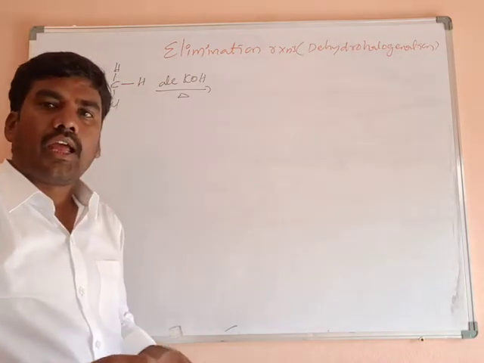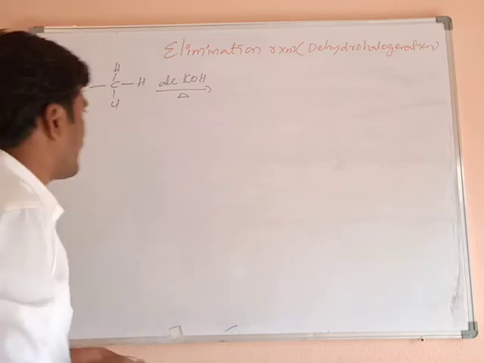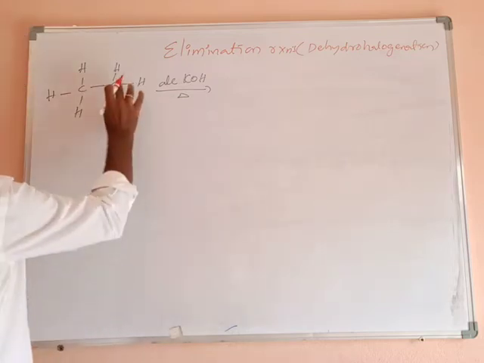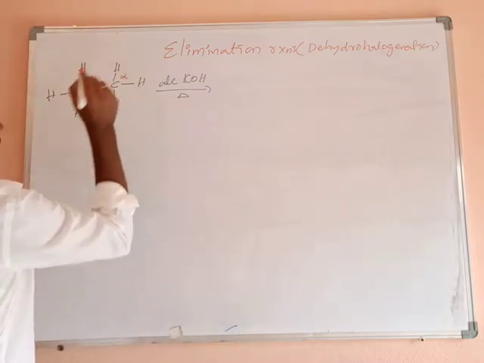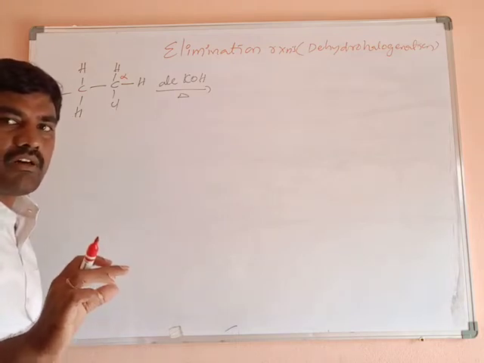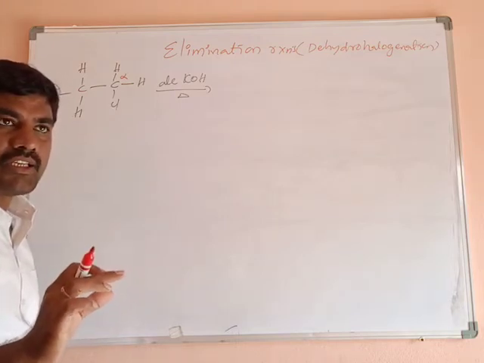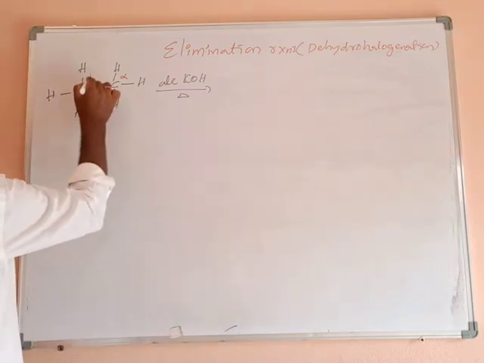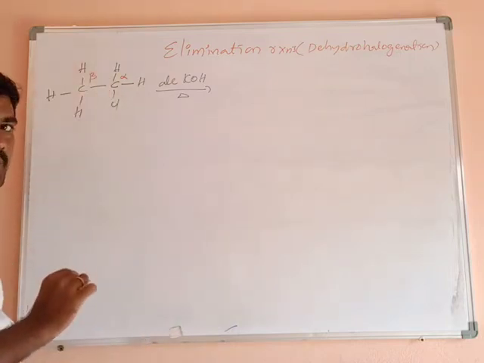Here, with respect to the chlorine, the halogen-bearing carbon is called the alpha carbon. Adjacent to the alpha carbon is the beta carbon.